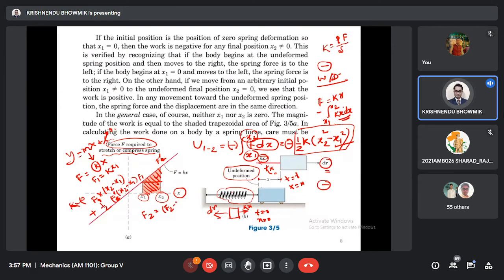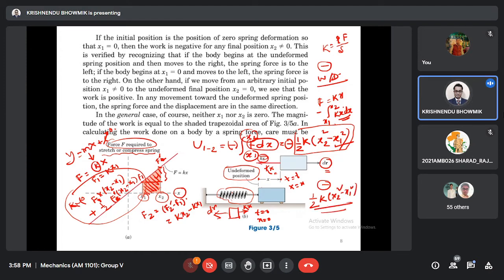This is f2 minus f1, because this length is f2 minus f1, or simply I can write kx2 minus kx1. This is kx2, here kx1. Now if somebody does this calculation, you will get this relationship, half k x2 square minus x1 square. So both ways people can do.